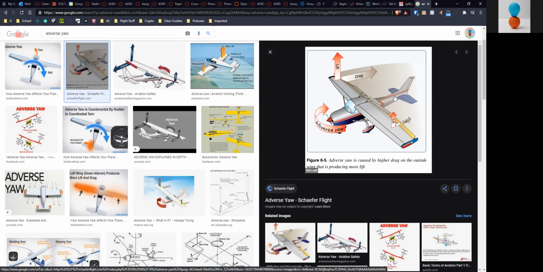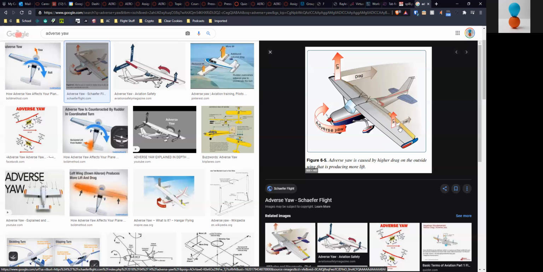Because if you remember, the angle of attack is the angle between the chord line and the free stream. And when you move the control surface, you're literally moving the chord line as well. It changes them at the same time, but you're basically changing the shape of the airfoil by moving the control surface. And so that's going to change how much lift you're generating and in which direction.